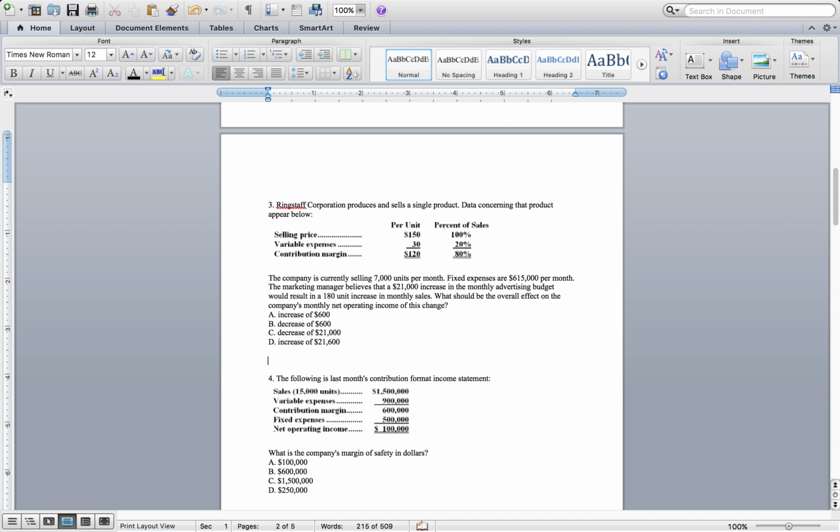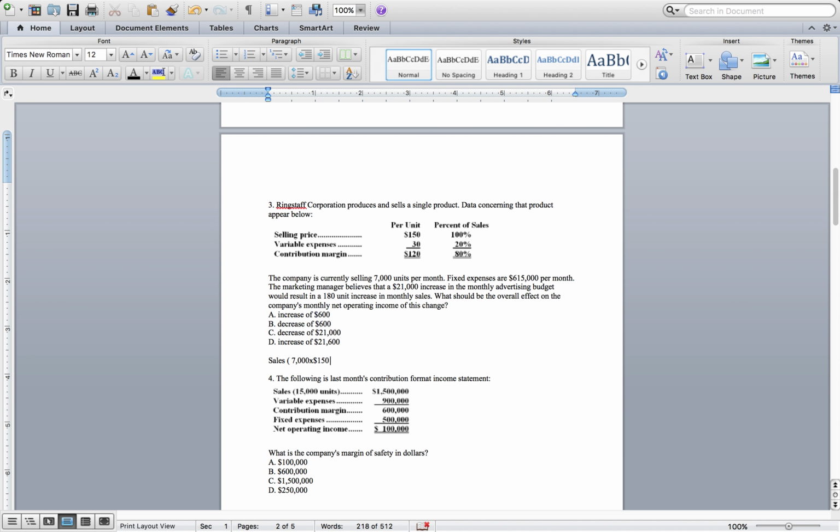Well, let's look at how this works. What we've got to do is compare two scenarios: one at 7,000 units, one at 7,180 units. So the first part we've got sales. The first column will be 7,000 units at $150.